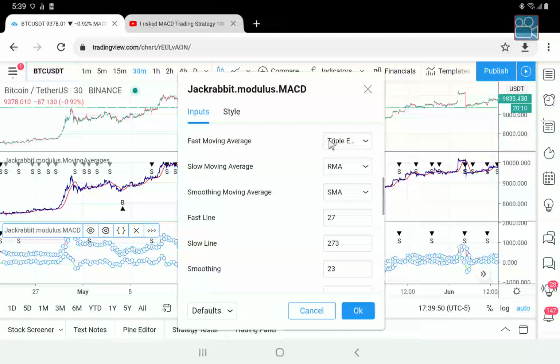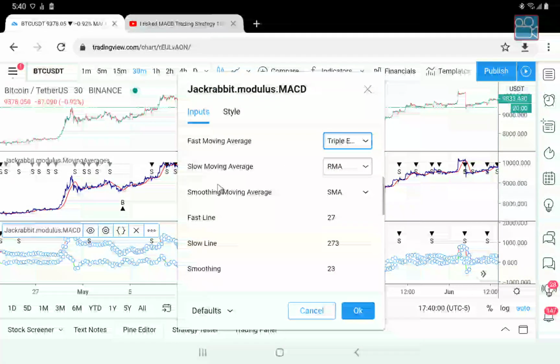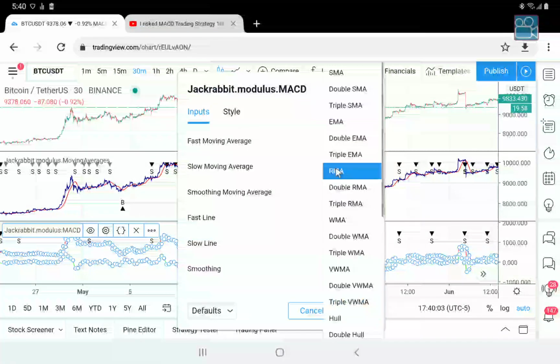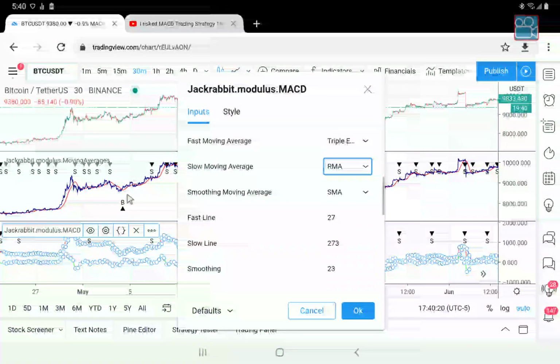Take a good look at these settings. Your fast moving average for MACD is a triple EMA. Your slow moving average for MACD is an RMA. Your smoothing moving average is an SMA. Your fast line is 27, just like here in your moving averages. Your slow line is 273.